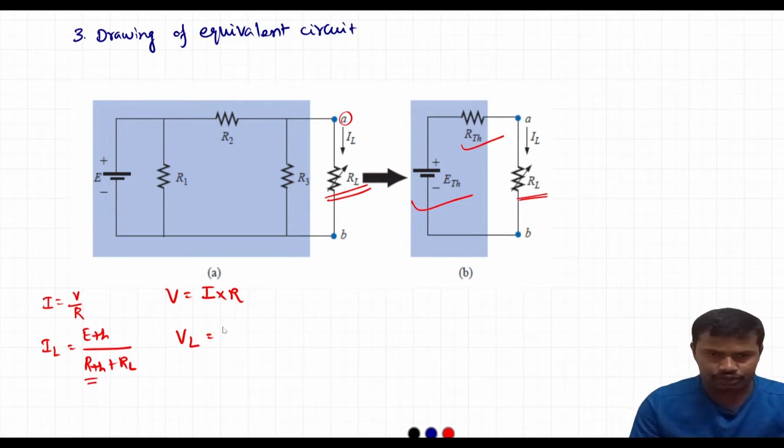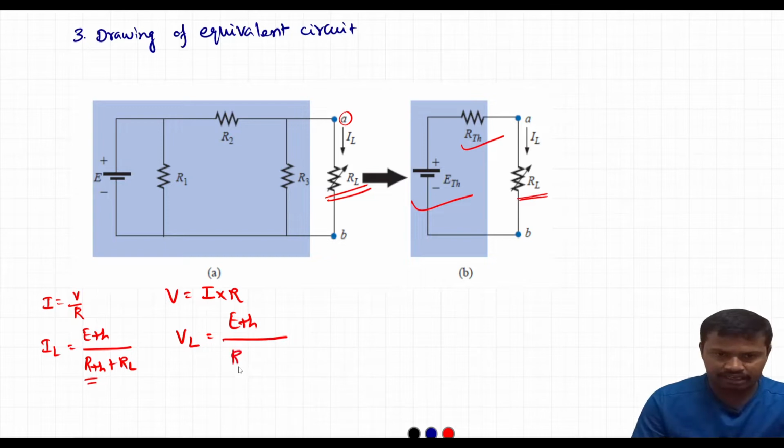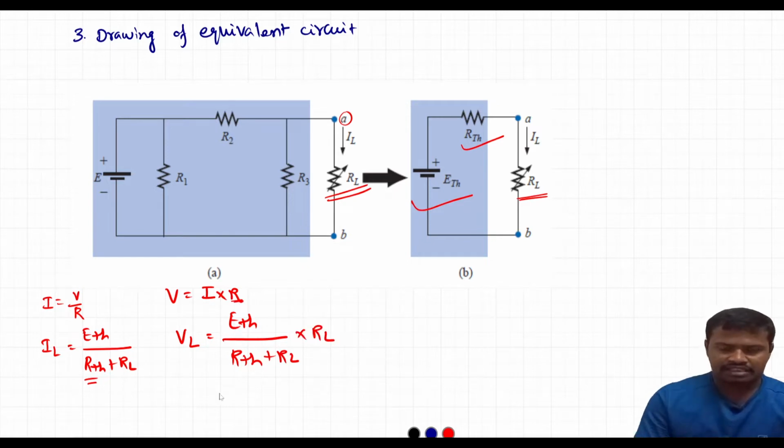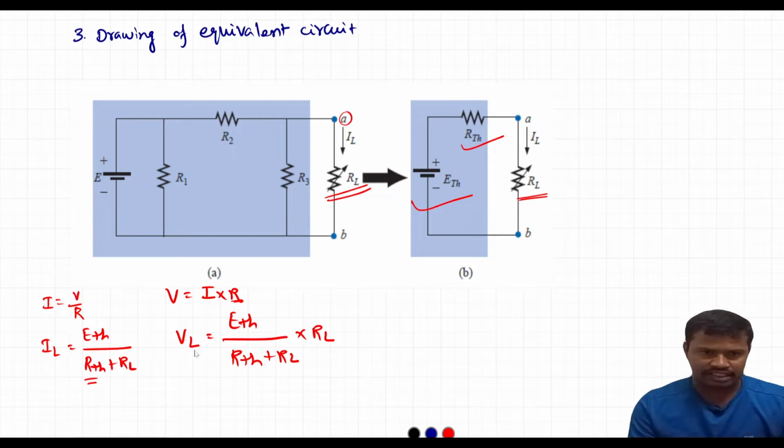Now IL is equal to ETH divided by RTH plus RL, and R is equal to RL. This is how we can find the voltage across the load resistor or the current through the load resistor. If the resistance is variable, then we can vary the values here and easily find the required circuit parameters for analysis purposes.